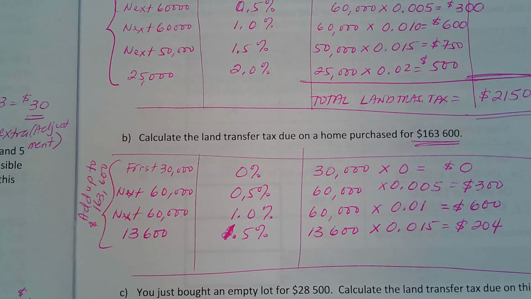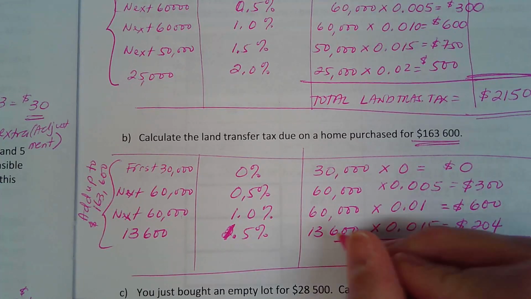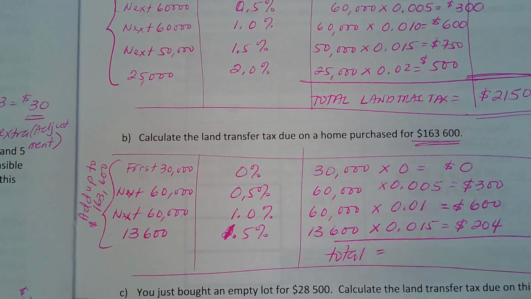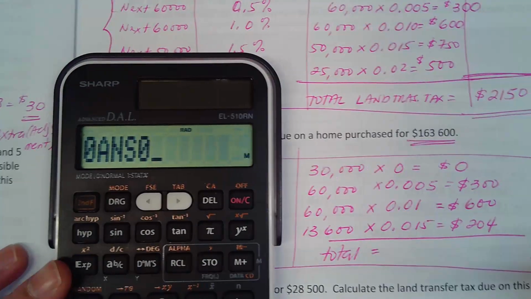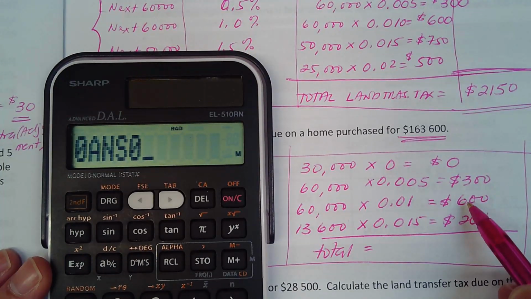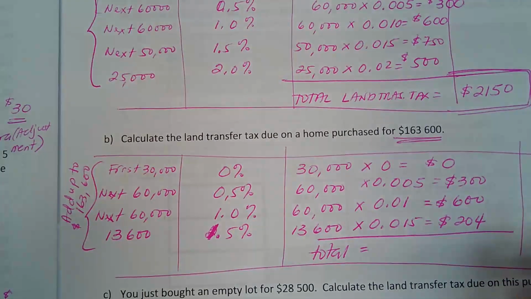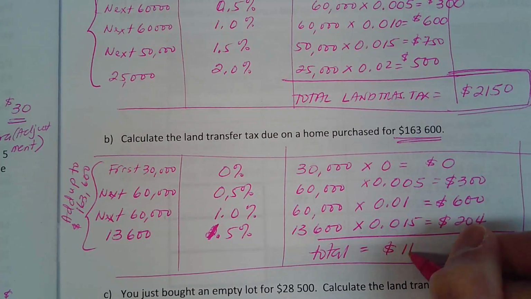Is that good? Let's do the total. So that's going to be 300 plus 600 is 900, plus 204, 1,104.